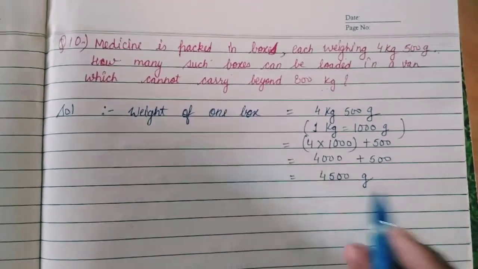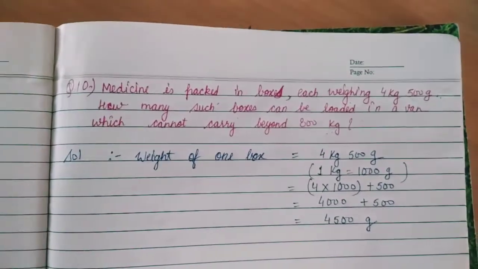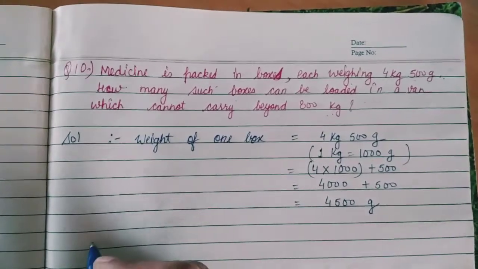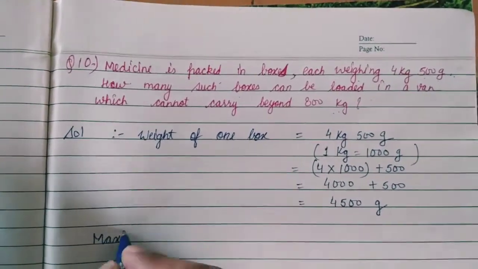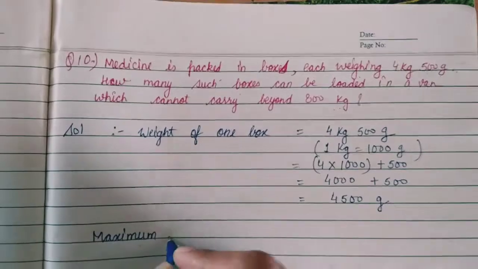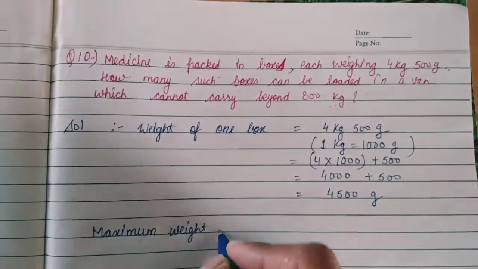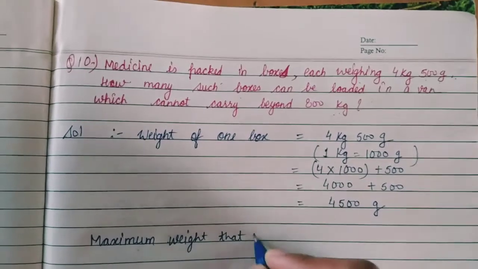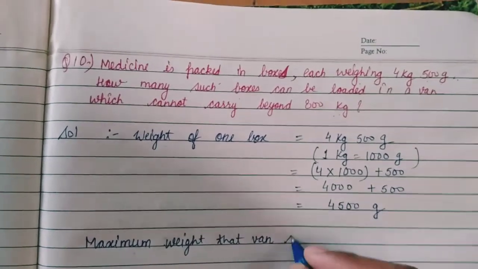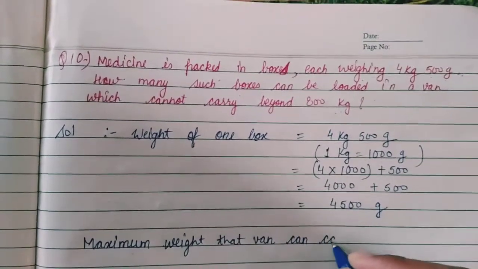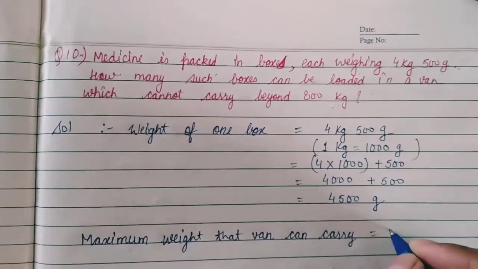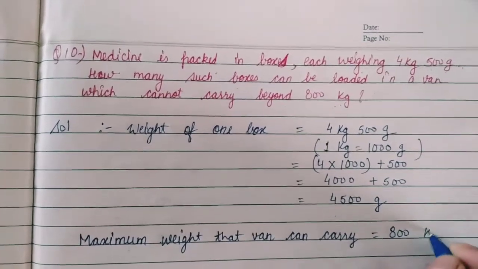Okay, now the maximum capacity, the maximum weight that our van can carry is how much? Is 800 kilogram.